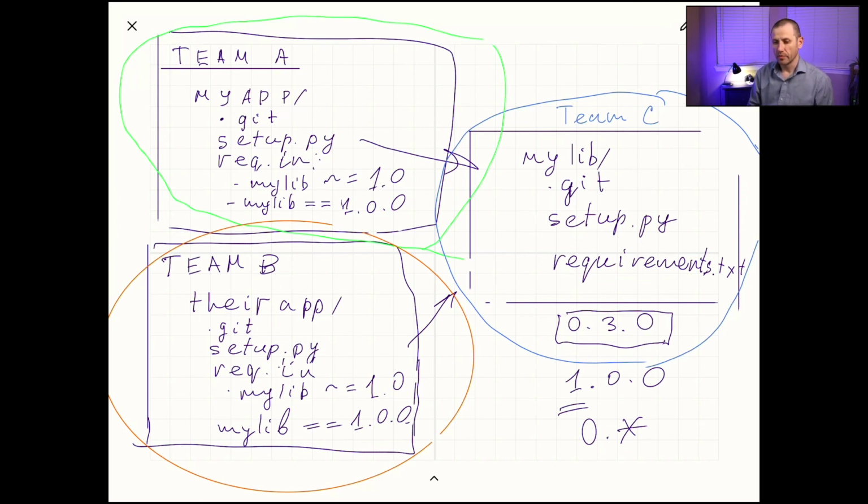The second reason to upgrade a dependency is a security vulnerability. And that often happens with external dependencies. For example, your application depends on cryptography, and the cryptography package 3.2 is vulnerable, and you need to upgrade.